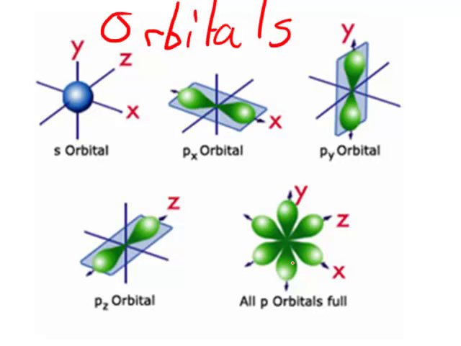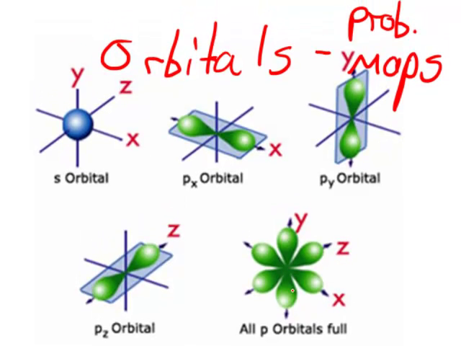So you can write down that orbitals are basically probability maps. There are probable locations where an electron can be found. These balloon-shaped ones are all electron probability maps.